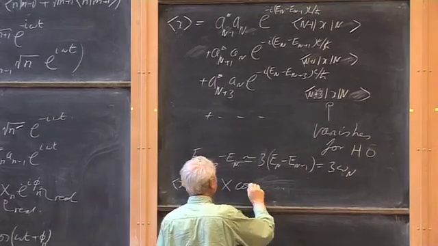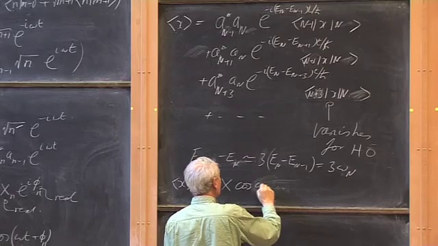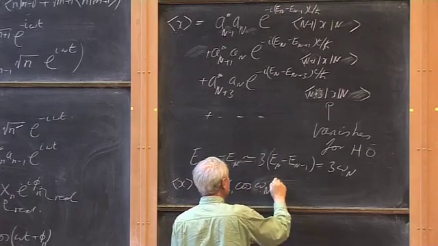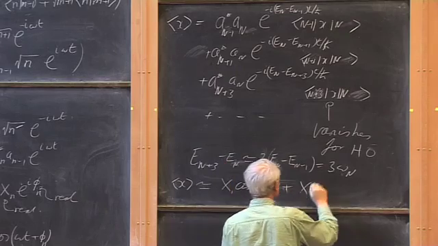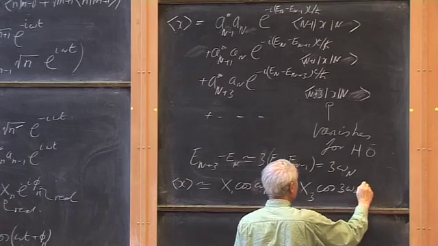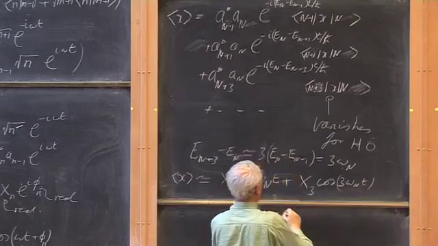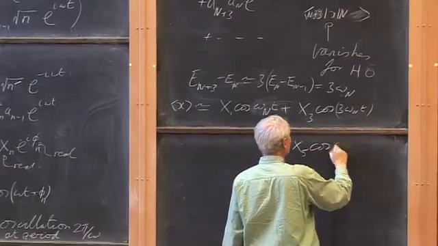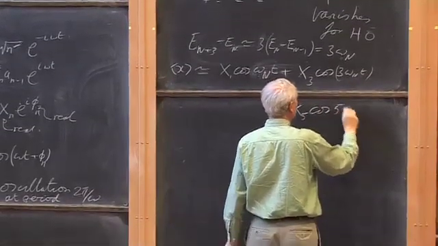And we're going to find that we have some term like cos omega_n t, and we're going to have some other term with some other coefficient times cos 3 omega_n t. And we're going to have some other term with some other coefficient times cos 5 omega_n t.